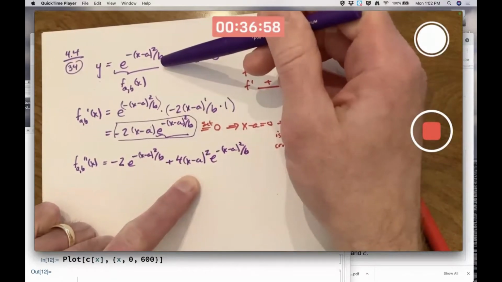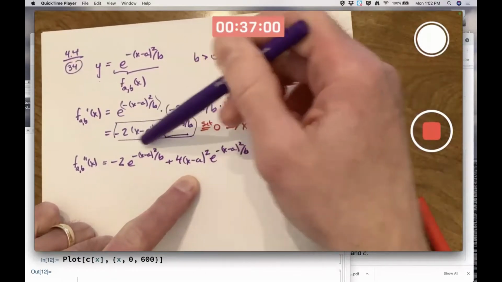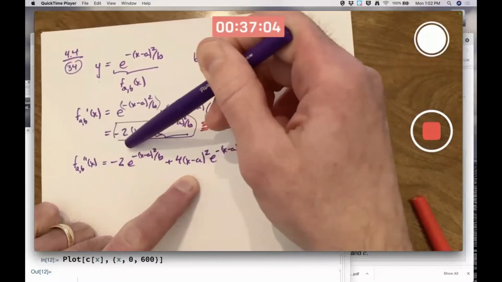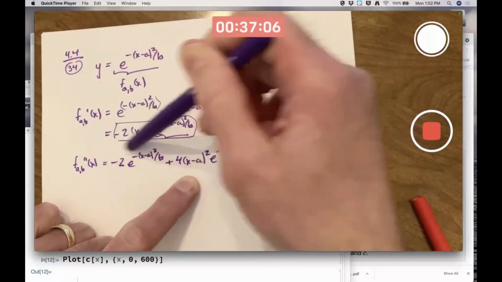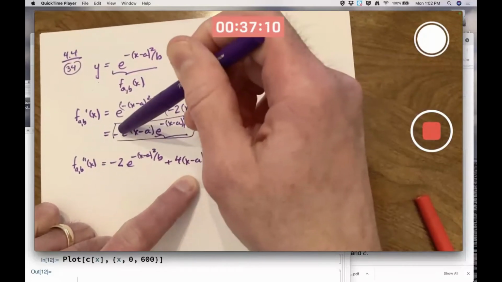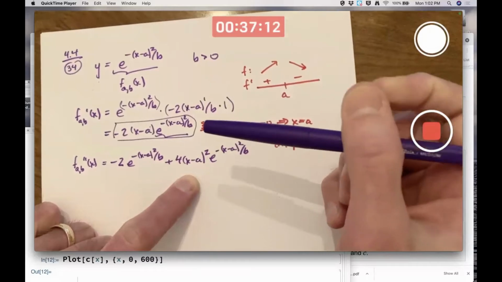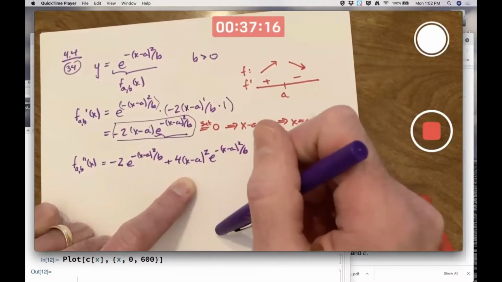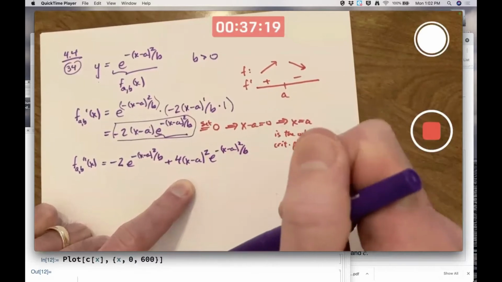So its derivative is the same. The derivative is this entire thing. So I really have -2 times x minus a times this entire thing, which means I have two factors of -2 times x minus a. I'm squaring -2 times x minus a, so I get positive 4 times x minus a squared. And then I still have the e term there.